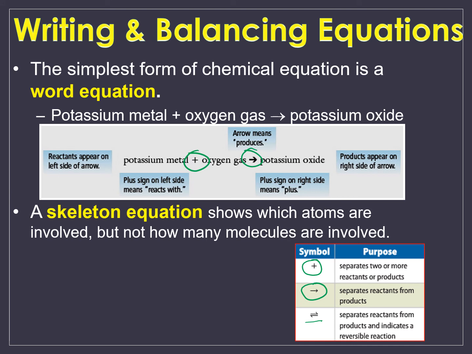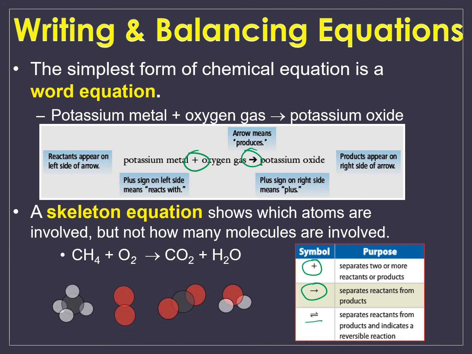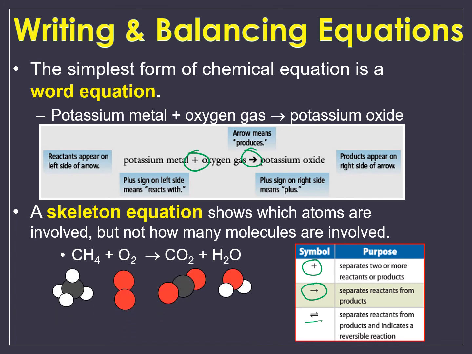Next, we have something called a skeleton equation. This shows which atoms are involved, but it doesn't tell us how many molecules are involved. So for example, this model here shows a methane molecule, which is 1 carbon and 4 hydrogen atoms.